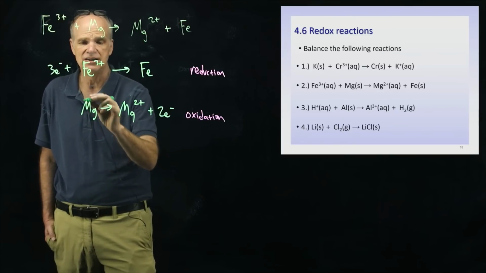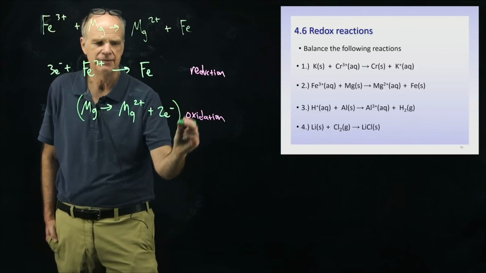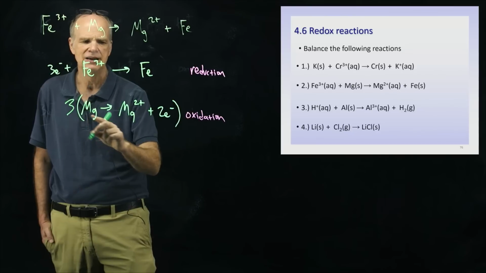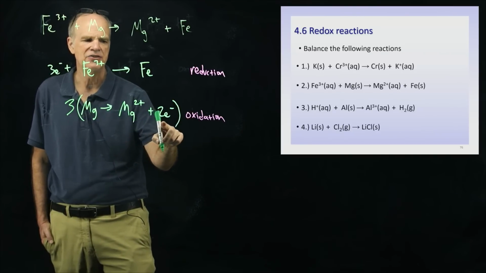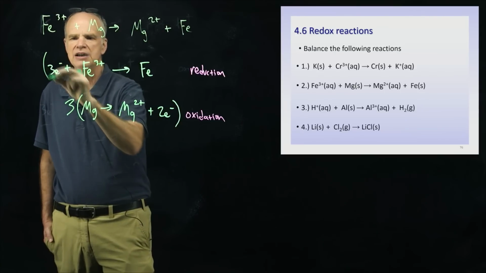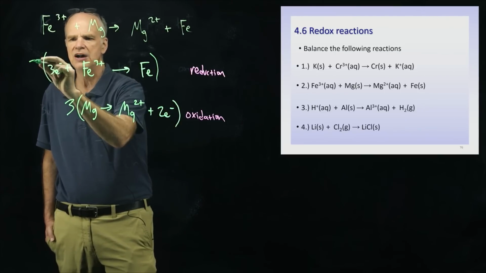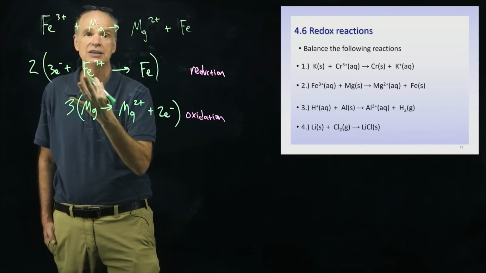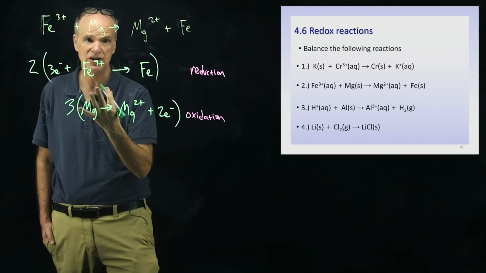So how do we remedy this? Well, let's go ahead and multiply the entire equation with a coefficient of 3. And then you can sort of see here that the oxidation reaction will pass 6 electrons. For the reduction reaction, we're going to multiply it by a coefficient of 2. And so the reduction reaction will pick up the same number of electrons, which are 6.